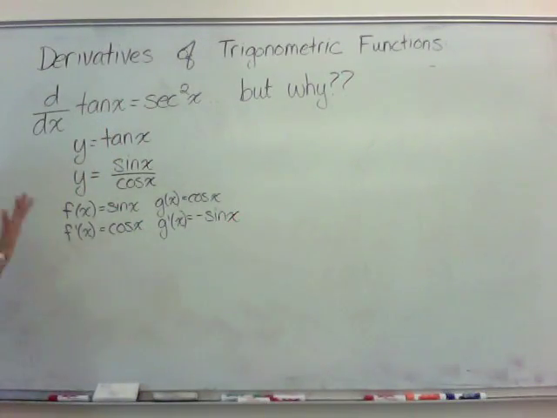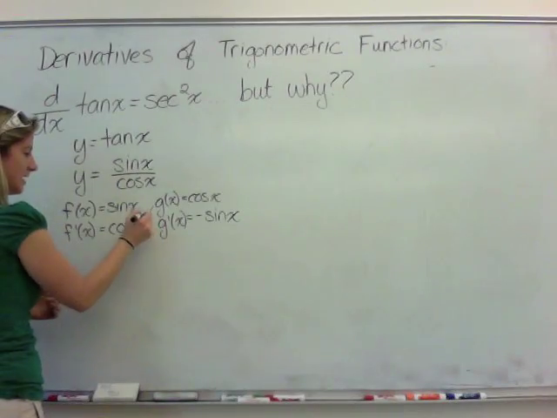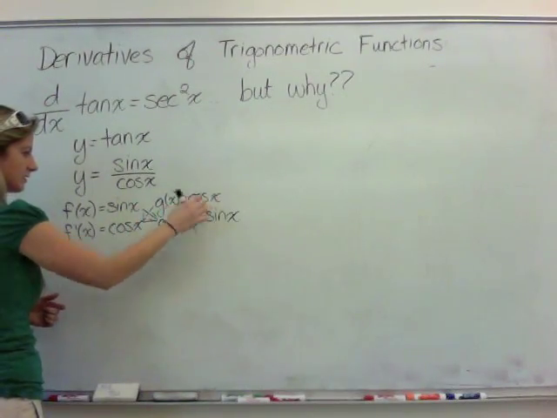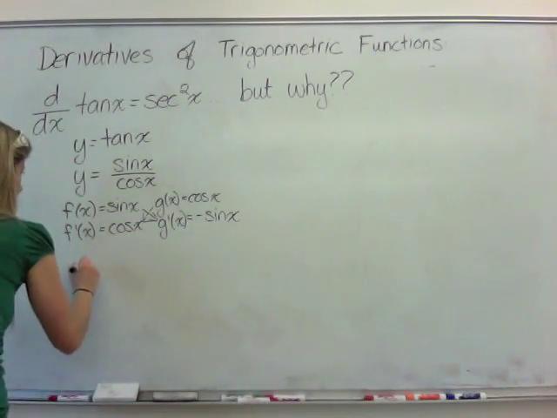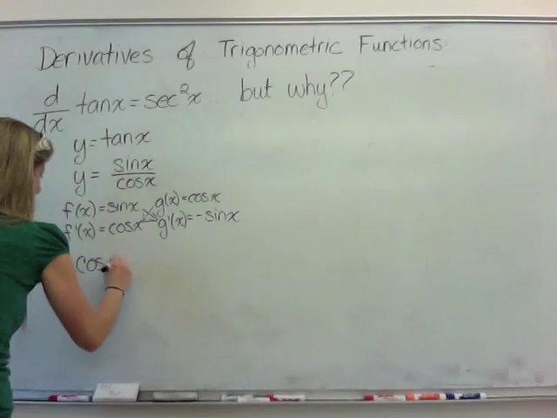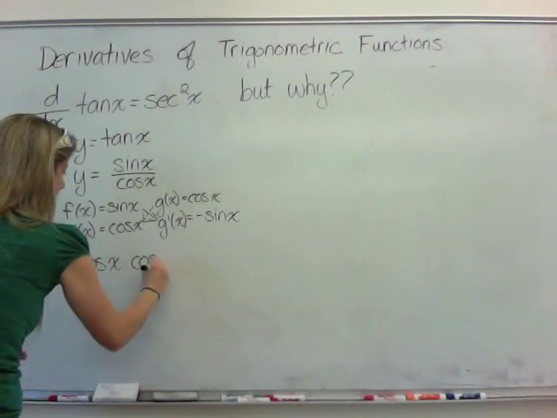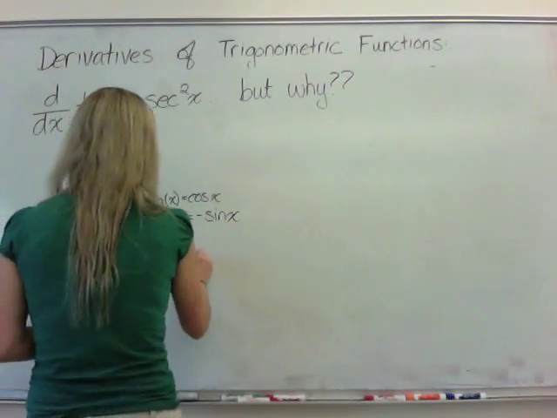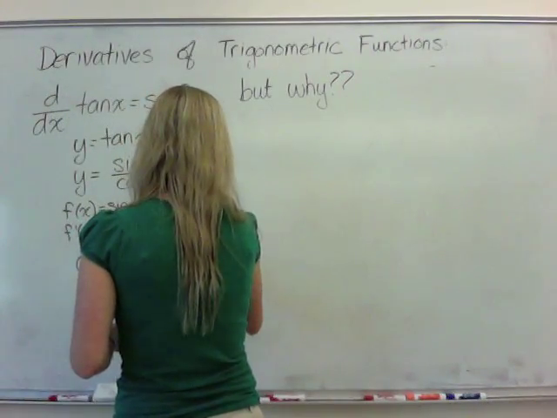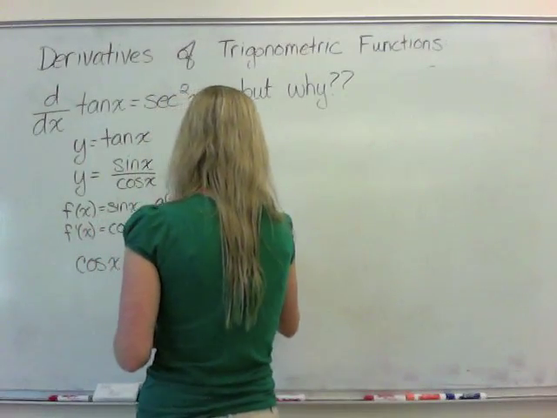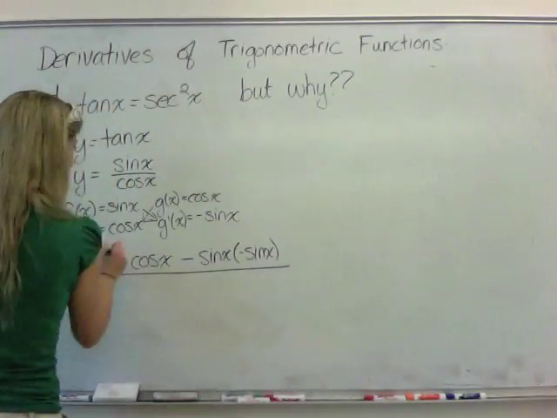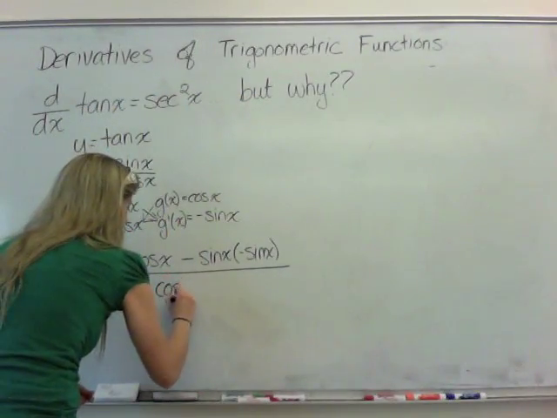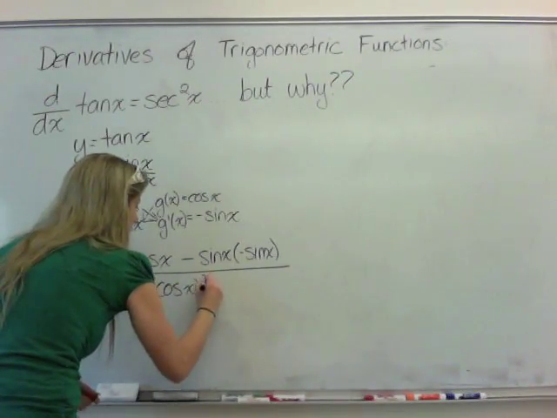Okay? So again, with the quotient rule, it's going to be that times that minus that times that over that squared. So we've got cosine x times the cosine of x minus sine x times negative sine x over cosine of x squared.